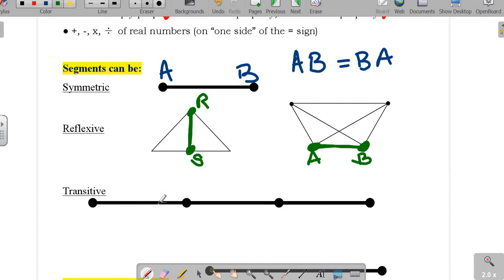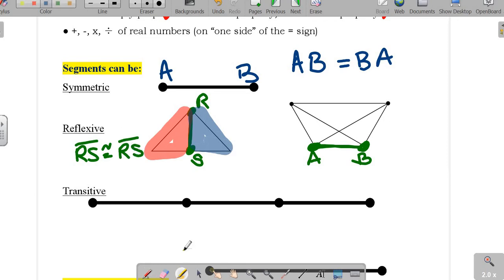So on the left, the RS segment is shared by that triangle and that triangle. So we would write the reflexive segment like this. We would say that segment RS is congruent to RS. Whoa, yeah. Tough stuff, right, folks?